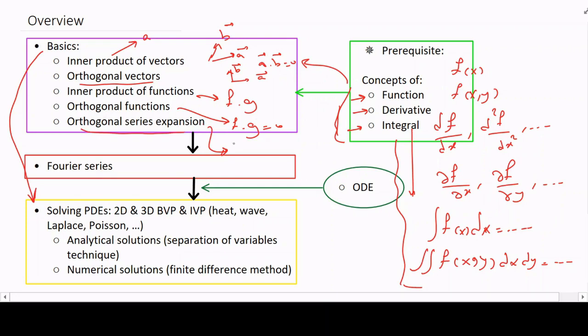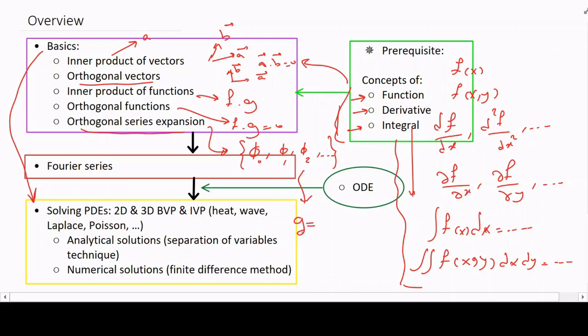Basically that means if you have a set of orthogonal functions like phi naught, phi 1, phi 2, etc., then this is going to be a very powerful tool. The reason is that it allows you to represent a given function like g as a linear combination of these orthogonal functions.